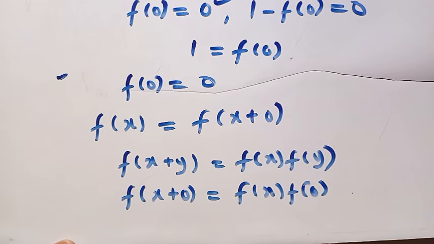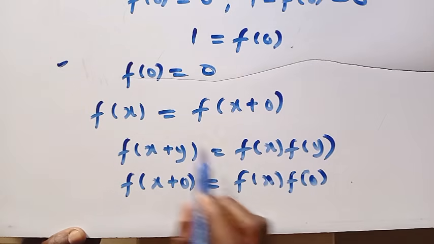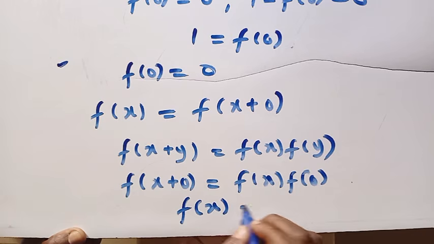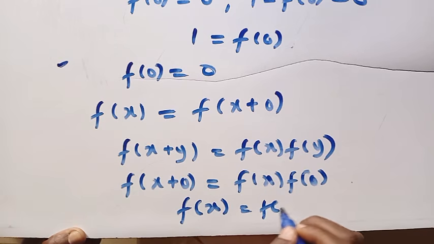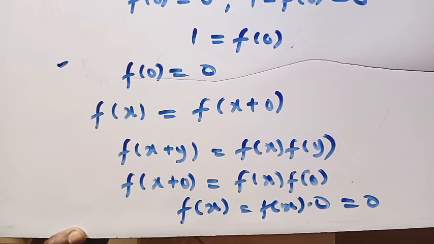Then we know that f of 0 here is given as 0. So for every f of x here, this equals f of x multiplied by 0, and everything here equals 0. This is one solution, that f of x equals 0.